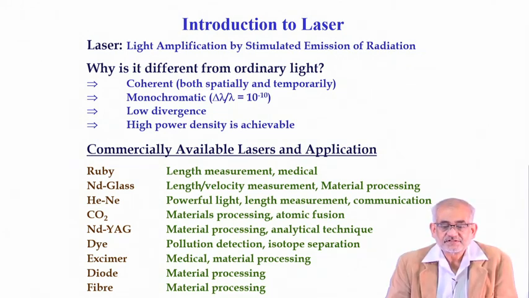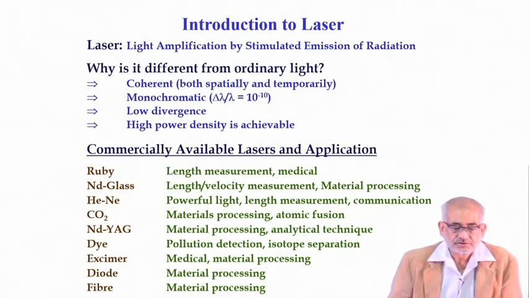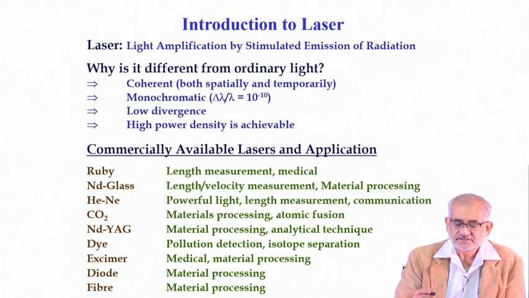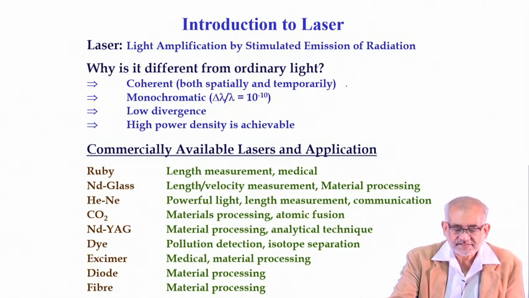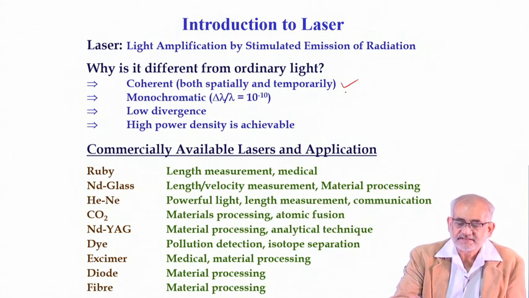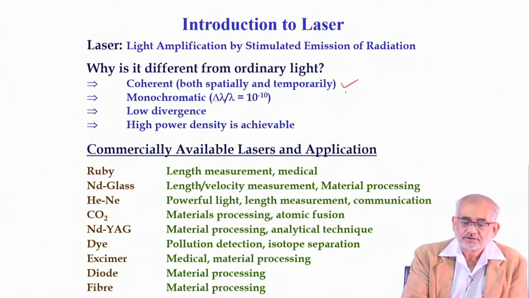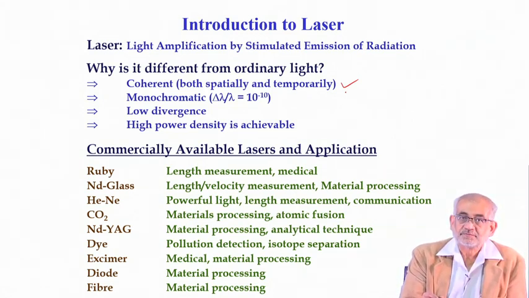There are a few features which make laser so useful for material processing. There are 4 specific characteristics we should talk about. Number 1, a beam that is coherent both spatially, in space, and temporally, in time, comprising multiple rays, all completely coherent with each other.